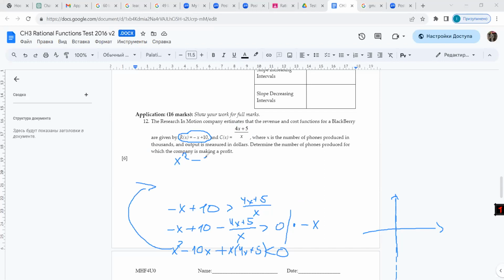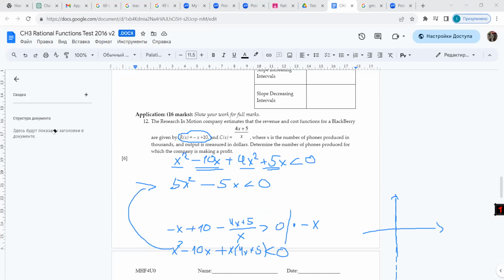So x squared minus 10x plus 4x squared plus 5x less than 0. Now I bring common terms together. I get 5x squared minus 5x less than 0.